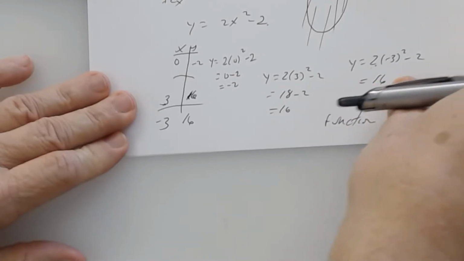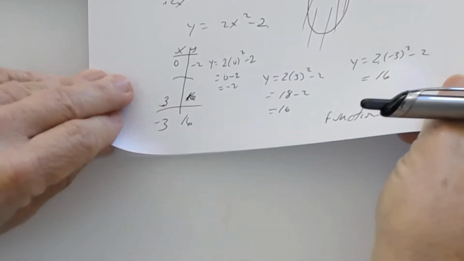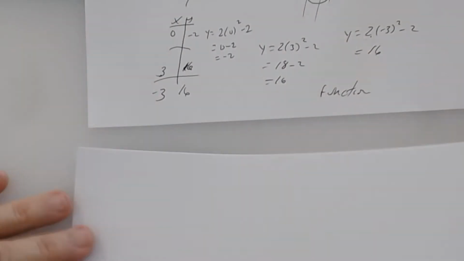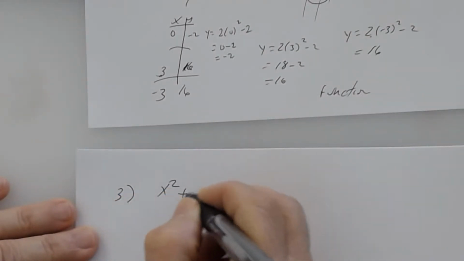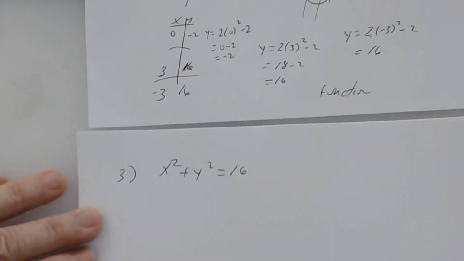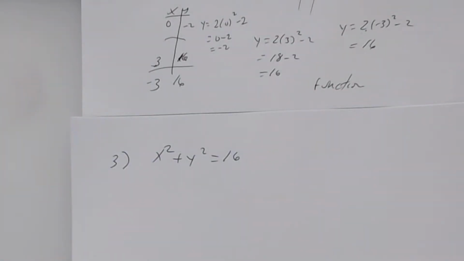Okay? Now, let's look at number 3. x squared plus y squared equals 16. What do you think? Is that a function? Not a function? Why is that not a function? Because the graph is a circle, yes.